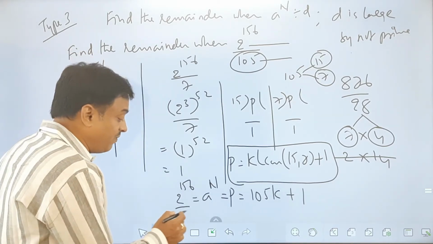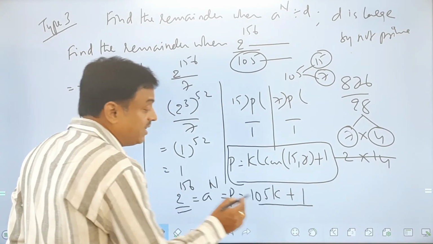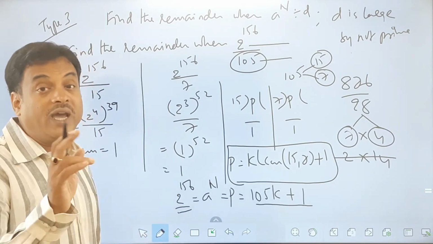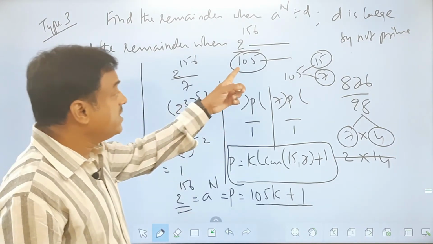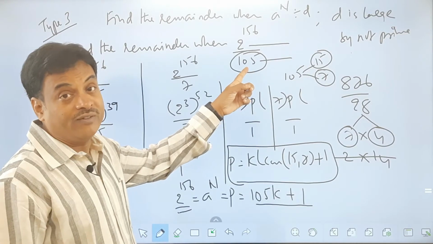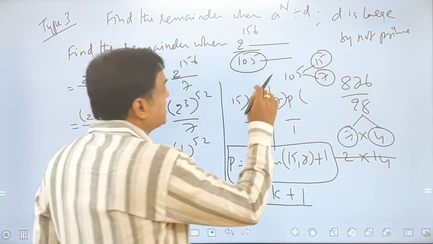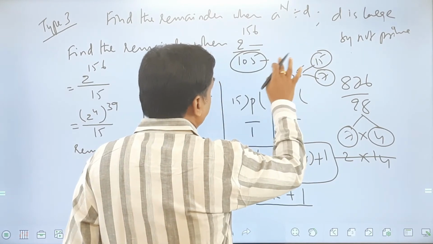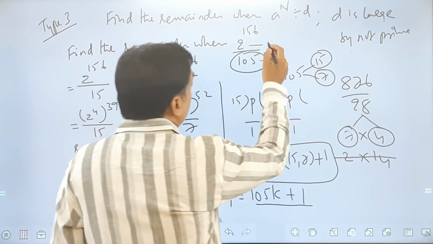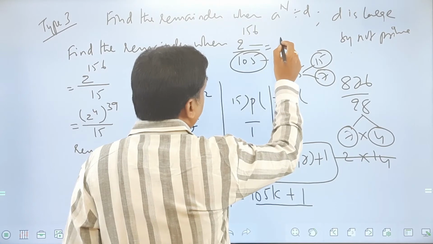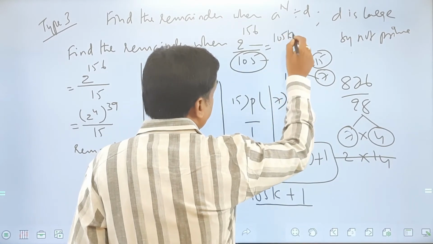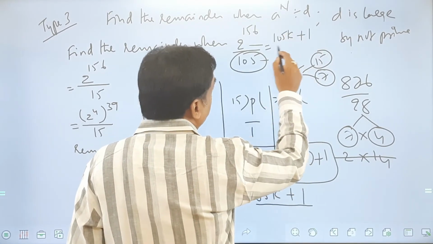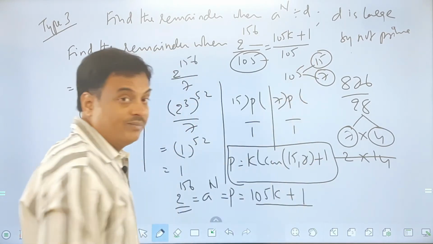So what we did, please understand, this step is very crucial to understand. 2 to the power of 156, I have converted in the form of 105. Now why did I convert into 105? Because my divisor is 105. Listen all of you. 2 to the power of 156 is now written as 105 into k plus 1 kind of a number upon 105.